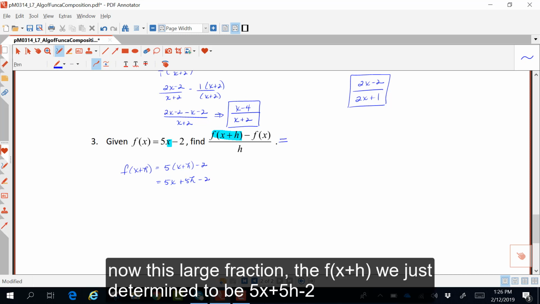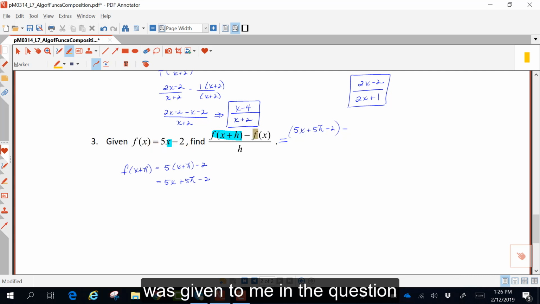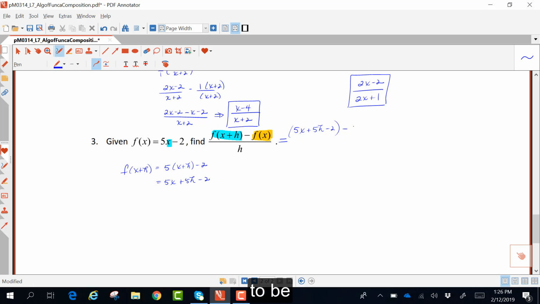Now, this large fraction, the f of x plus h, we just determined to be 5x plus 5h minus 2. The f of x, which I will highlight in a different color, was given to me in the question to be 5x minus 2.